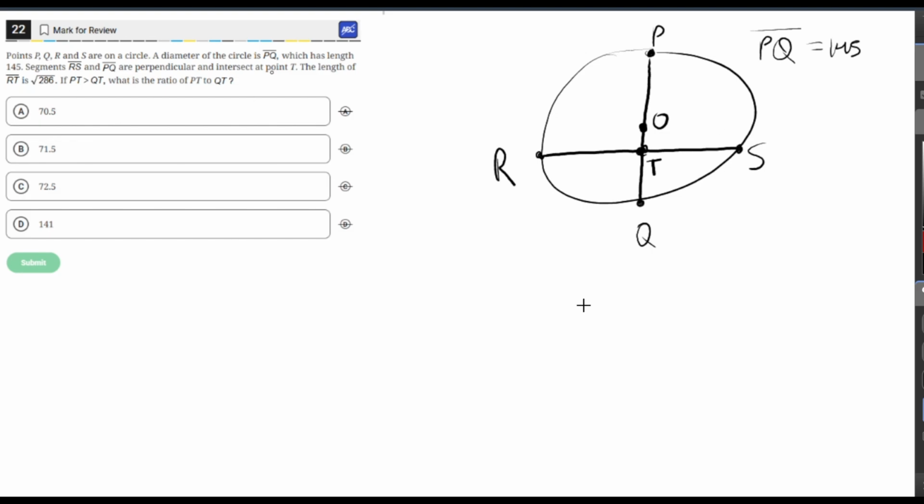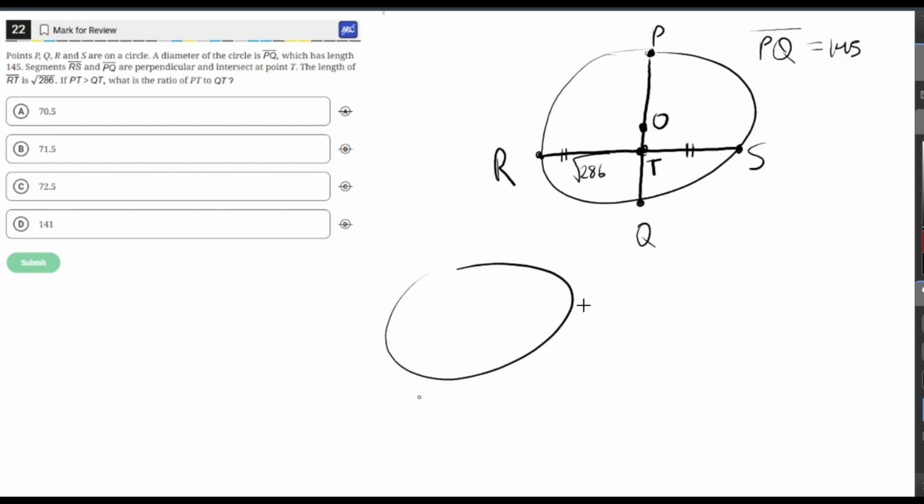And the question says that the length PT is greater than the length of QT, and it says that RT is root 286. And what do we know about lines that pass through diameters perpendicularly? It's that this is actually a perpendicular bisector. So this means that the length of RT is the same length as TS.